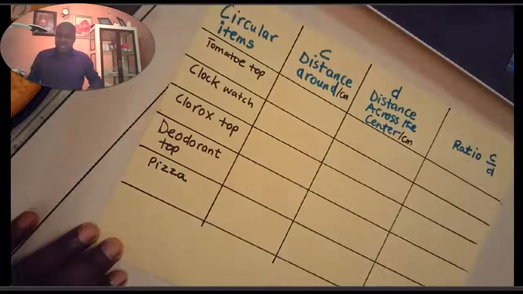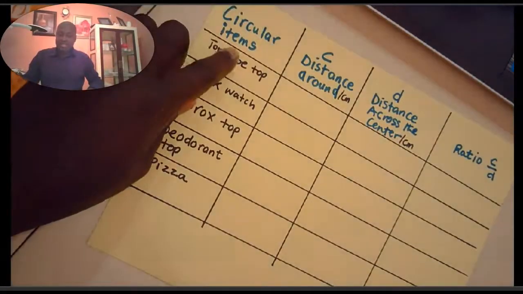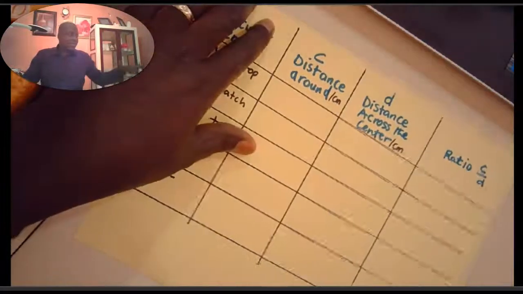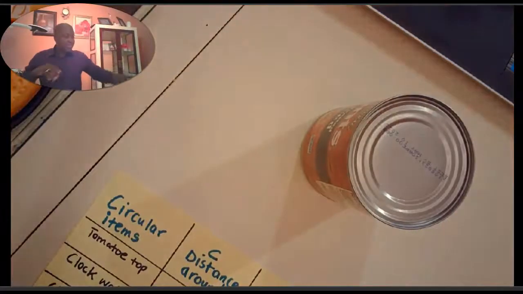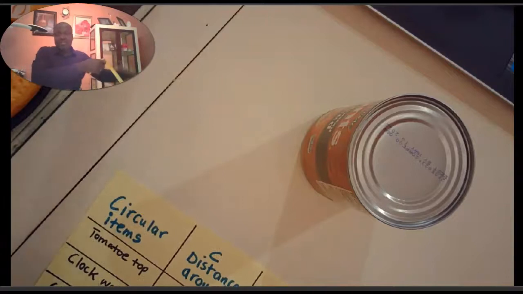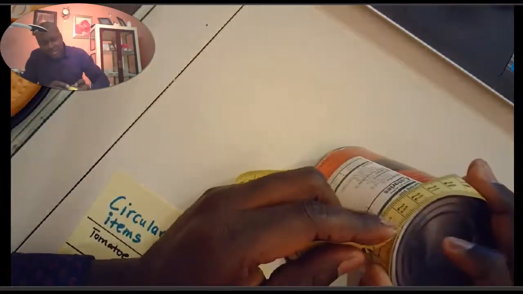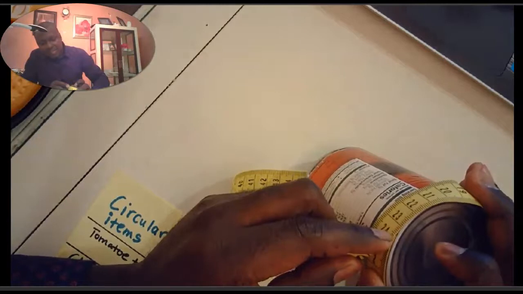So I have my table here, the circular items. So the first one is tomato. So I'll grab my tomato. I have my tape measure here, which is measured in centimeter. So we go around it. And here gives me 23.6.